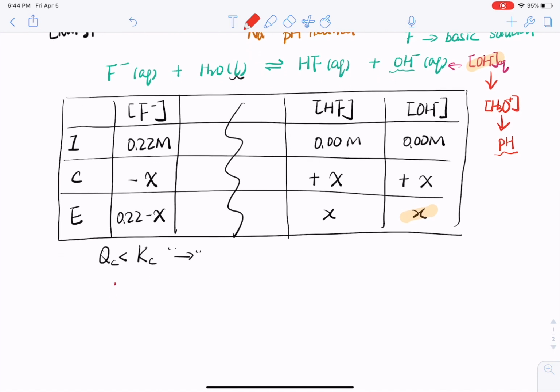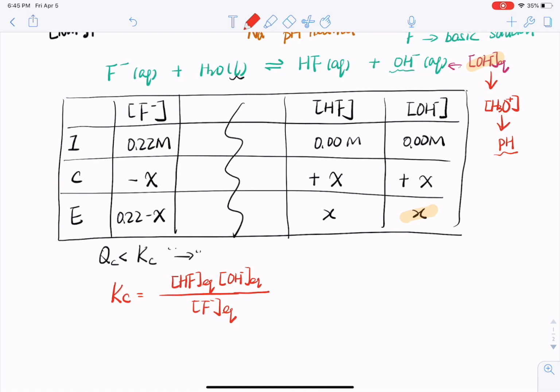The Kc for this equation will be the concentration of HF at equilibrium times the hydrogen amount at equilibrium, over the fluoride ion concentration at equilibrium. Let's see what this K really is.